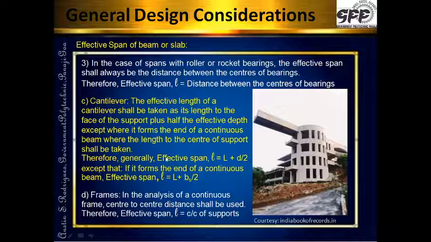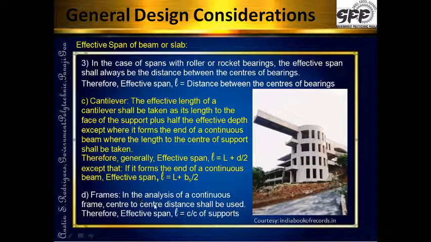So generally effective span of a cantilever is clear span plus half the effective depth. But in case of an overhang, effective span is the clear span plus the support width divided by 2.